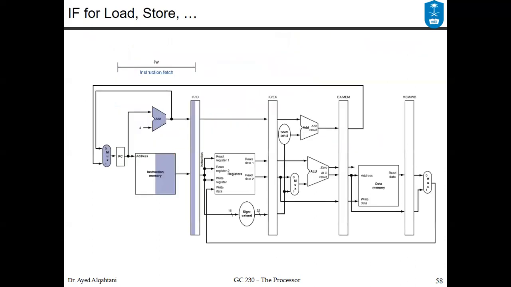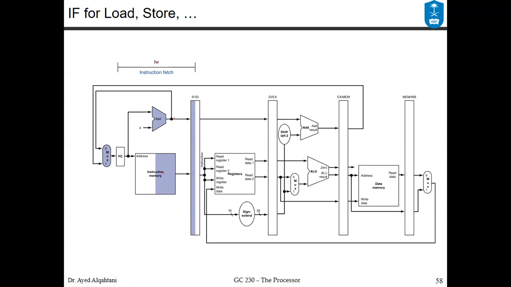Now, for the load, it will start fetching here. And when you fetch, you will have PC plus 4. You need to calculate the next instruction. And you will get the instruction from the instruction memory and save it in the pipeline register. You will save the instruction and you will save the PC plus 4.